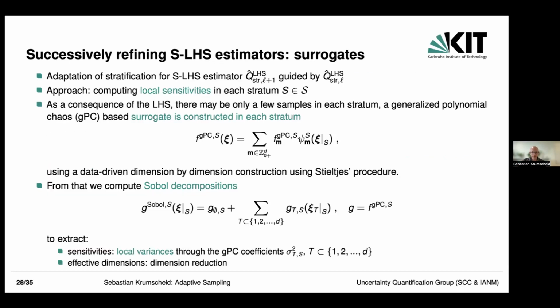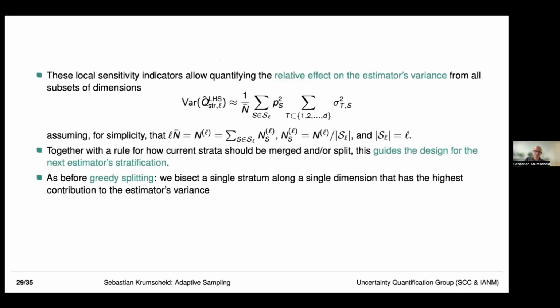Good, and by using this generalized polynomial chaos type surrogate, we can then extract variances. And again, we are postulating a rule on how to split a stratum, so that we can now find an estimator.